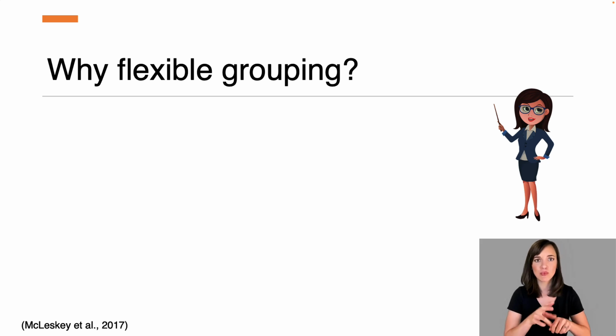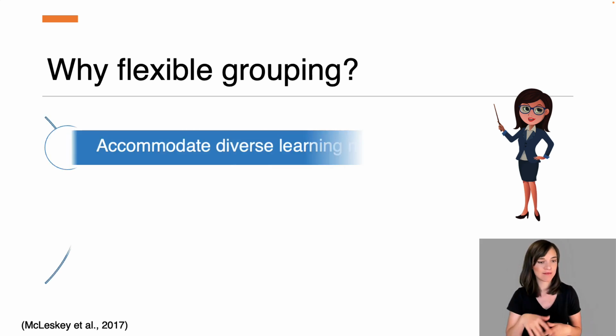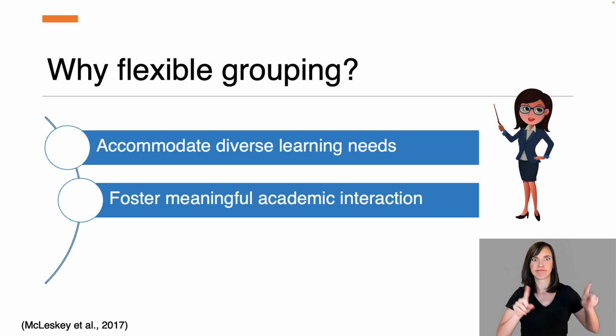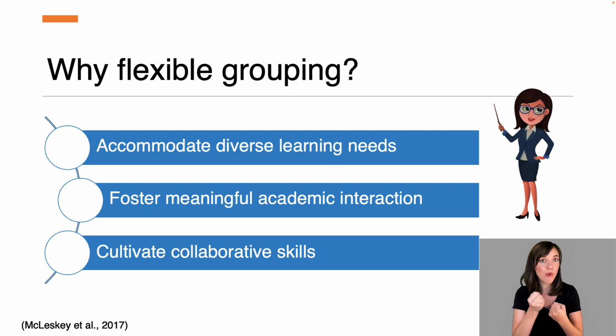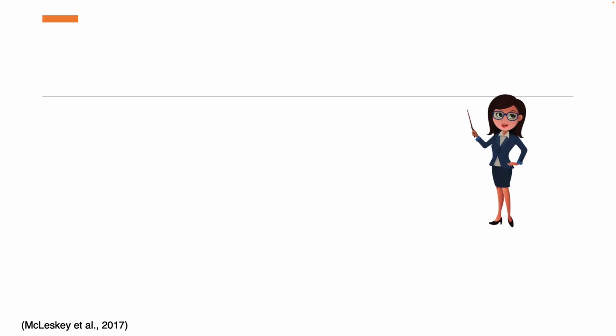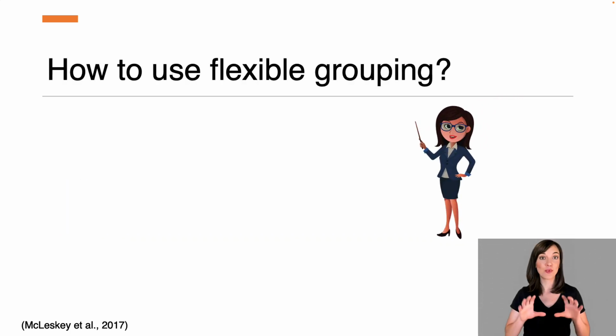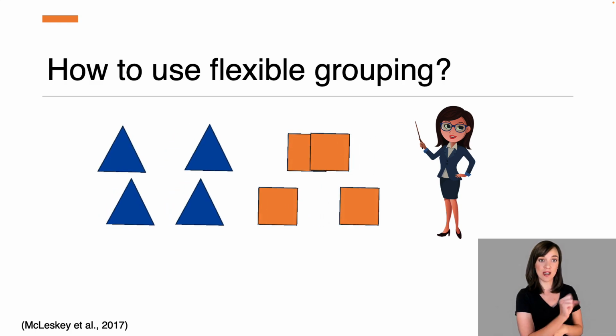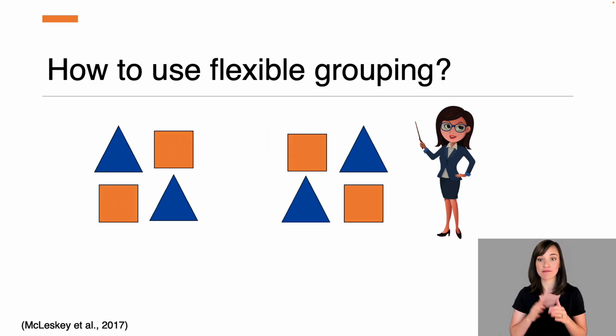Different grouping arrangements are used flexibly to accommodate diverse learning needs, foster meaningful academic interaction, and cultivate collaborative skills among students. Groups can be homogeneous, same ability, or heterogeneous, mixed ability.